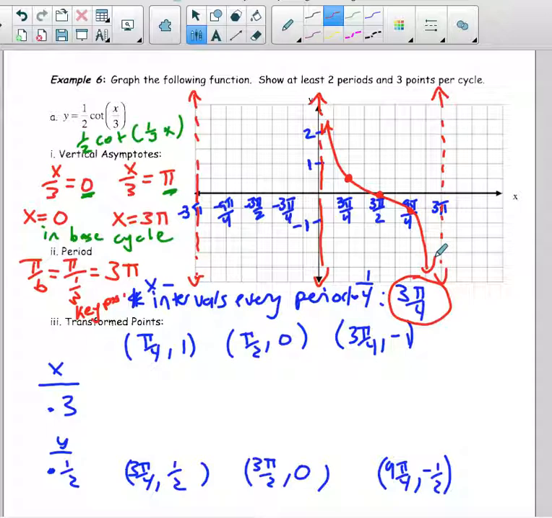And I'm going to copy that over one period to the left. So I'm going to put those points on here. So I'm going to be at -3 pi over 2, 0, -9 pi over 4, 1/2, and -3 pi over 4, -1/2. And then I'll go ahead and sketch that.